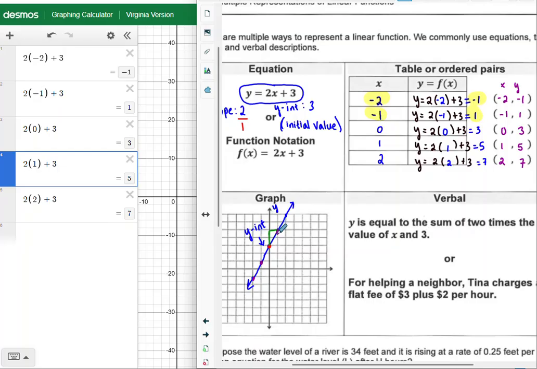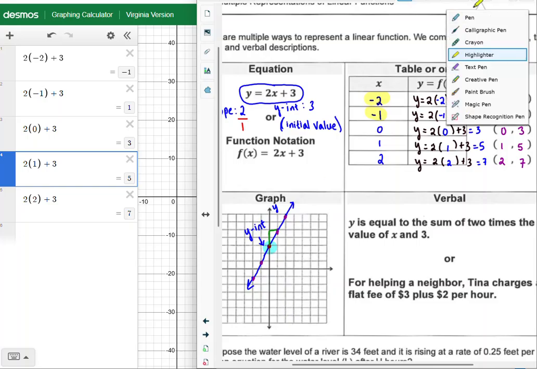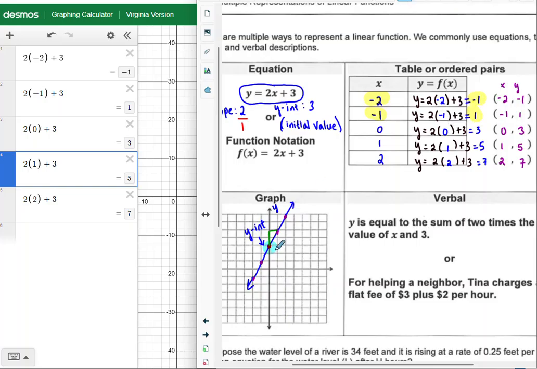It's right here. And then 2 goes to 7. Okay, let me go ahead and show you this point that I have here. We know that point to be the y-intercept, right? We know that because it's crossing the y-axis. And then the coordinate for it, we can see that it's at 0, 3.